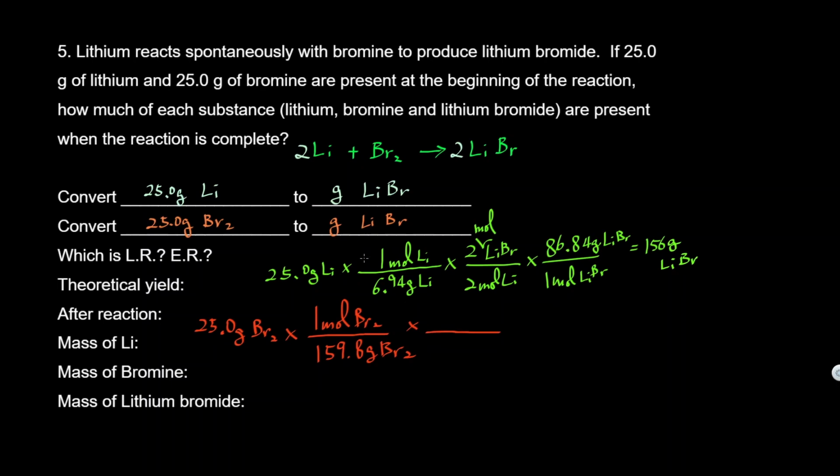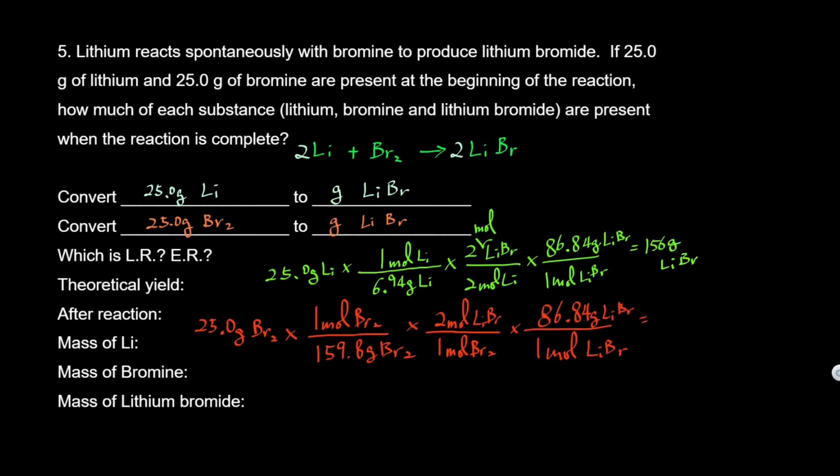And then, by looking at this, for every 1 mole of Br2 we're going to make 2 moles of lithium bromide. And then we'll do the same thing, 1 mole of lithium bromide is 86.84 grams of lithium bromide.